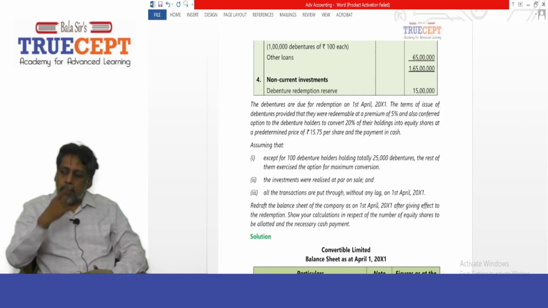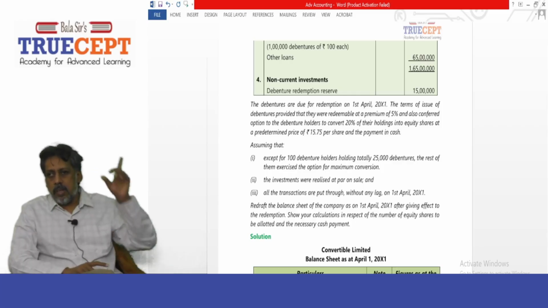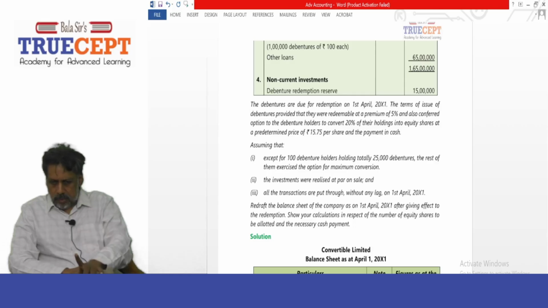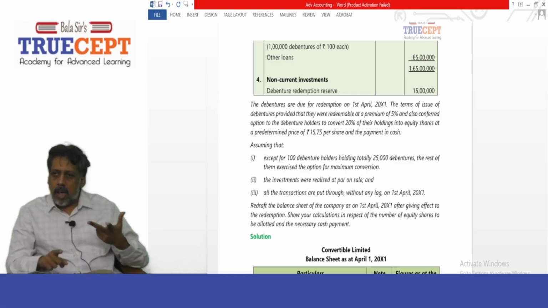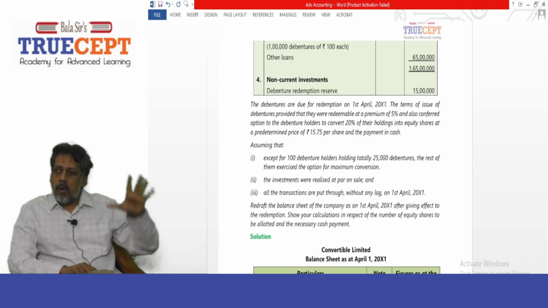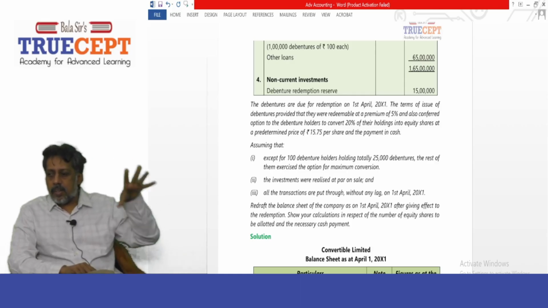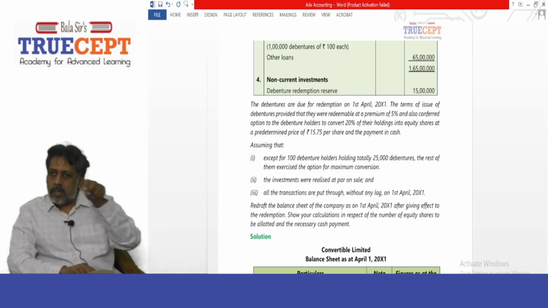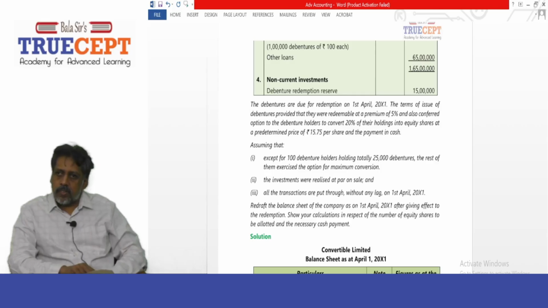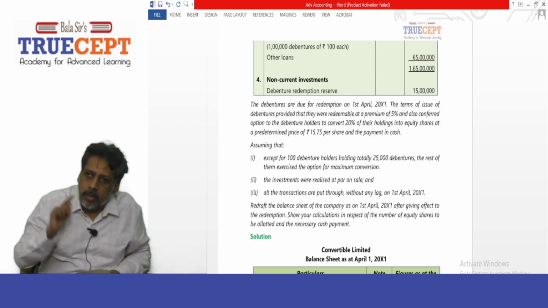So 100 debenture holders holding 25,000 debentures did not convert the debentures into shares. So what is 1 lakh minus 25,000? Only the holders of 75,000 debentures decided to convert their debentures into equity shares to the extent of 20% of their holding.